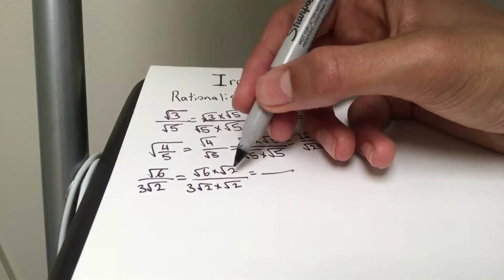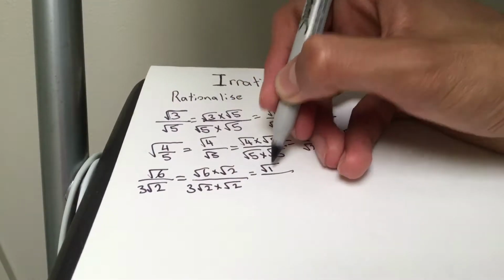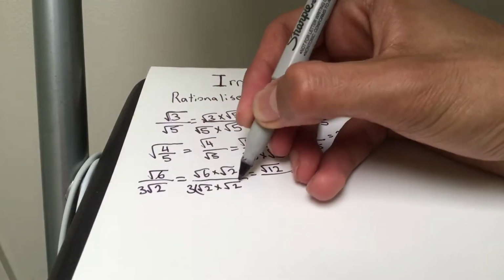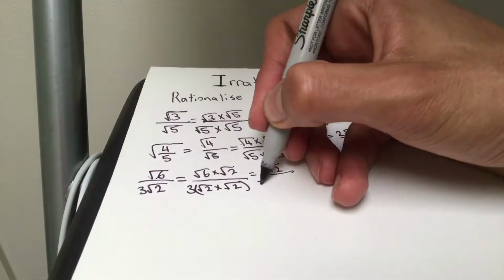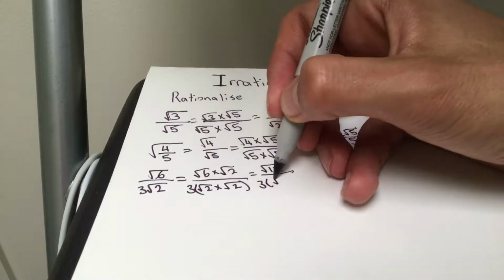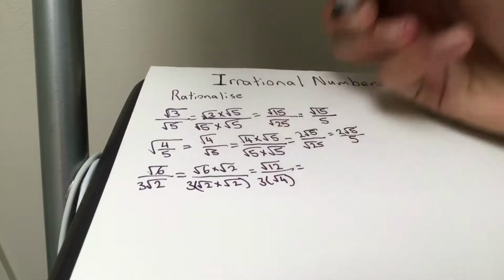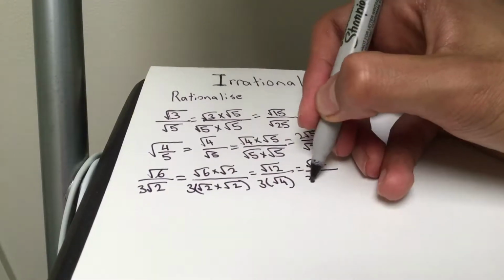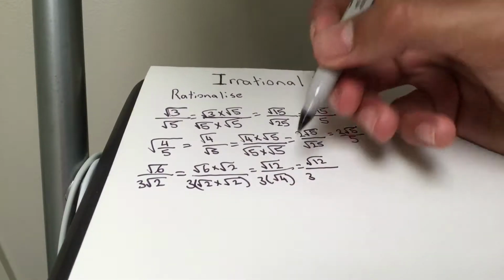Square root 6 times square root 2 gives us square root 12. We can split this up like this, so it makes it easier for ourselves. Square root 2 times square root 2 is square root 4. Okay, so square root 4 can be simplified to 2.